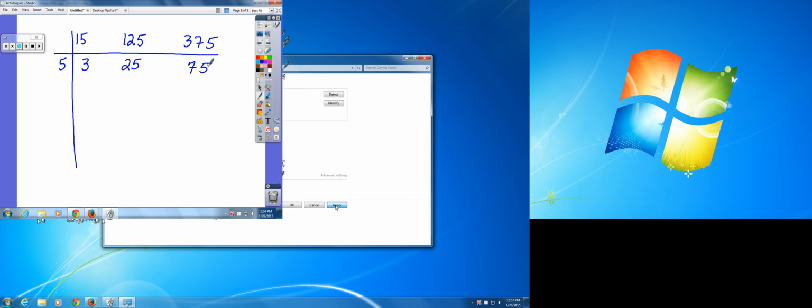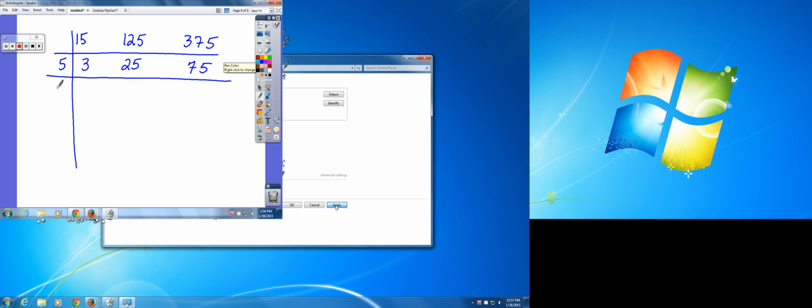Now the real math stops because of what? The 3 and the 25. The 3 won't go into 25, and 3 won't go into 75. And nothing else will go into either one. And 5 won't go into 3, but 5 will go into these two. So now you just got to break it down to its parts.